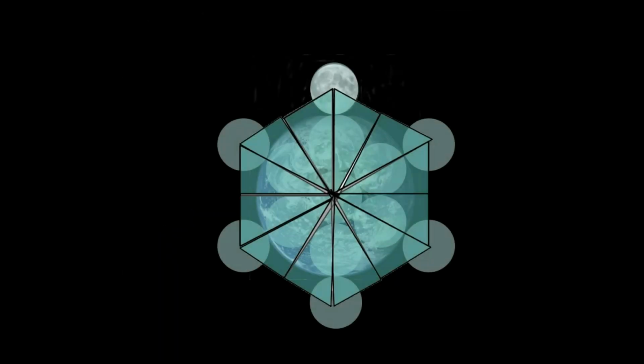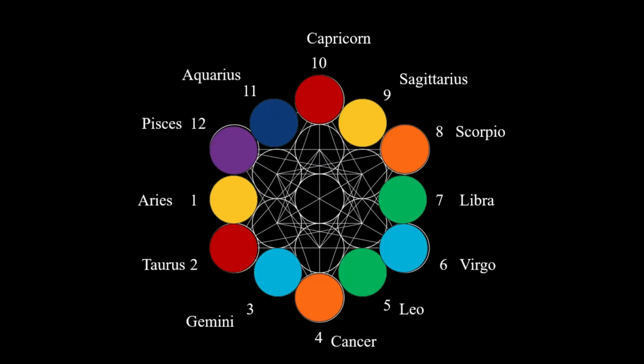And that's significant because you can see these 12 circles around Metatron's cube forms the different houses of the zodiac. And so we have not only the houses and the personality properties of the houses, both the positive ones and the not so positive ones, but we also have the attributes of the various chakras.